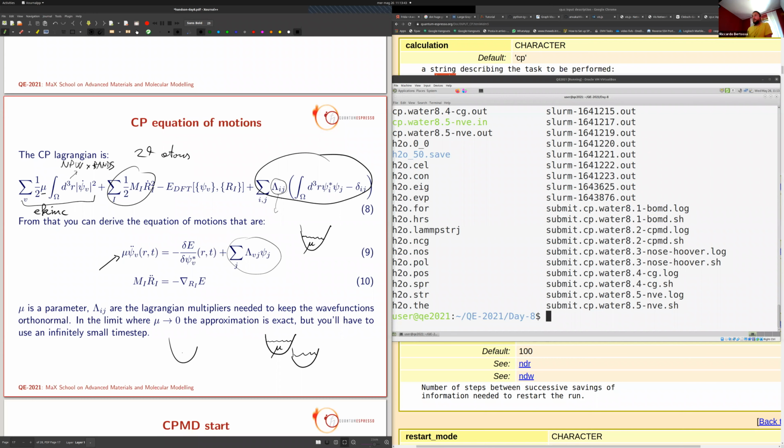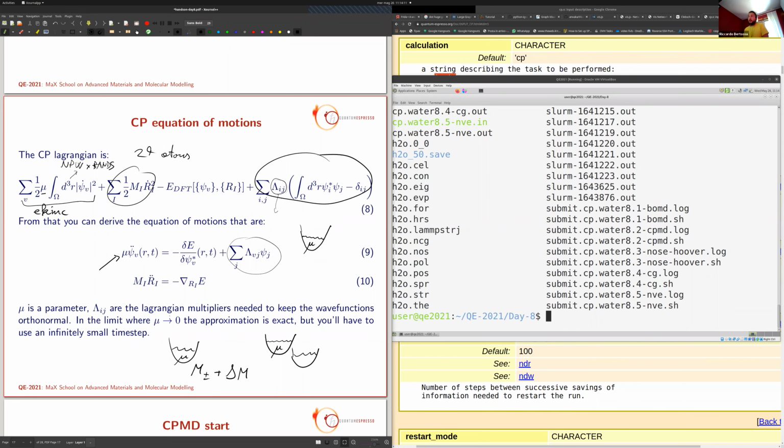If this is an ion, the mass of the ion is like the mass of the ion plus an additional mass that depends on the mass of the electrons that are attached to the ion. I repeat again, electrons are like some classical fluid that is attached to the ions by the DFT potential.